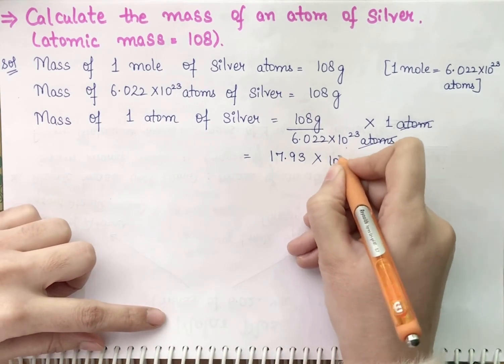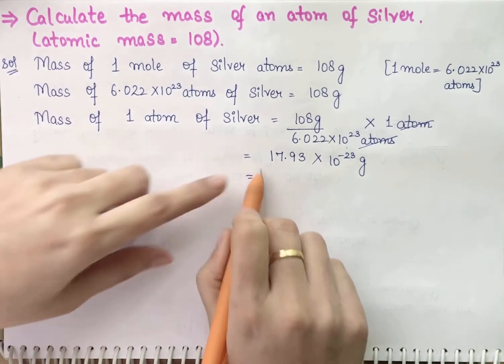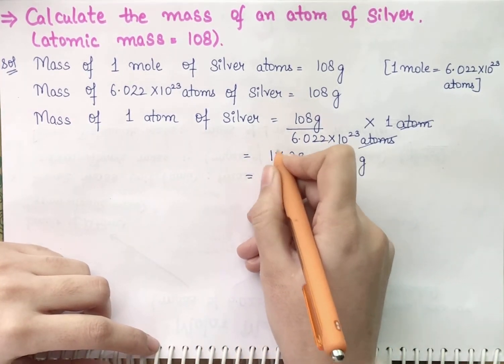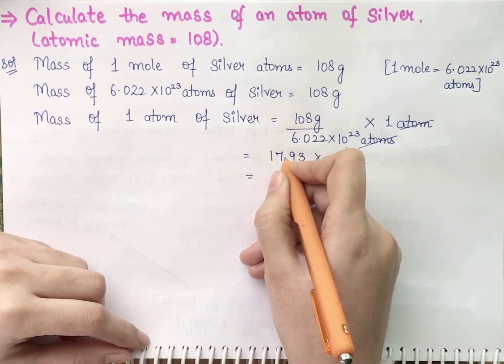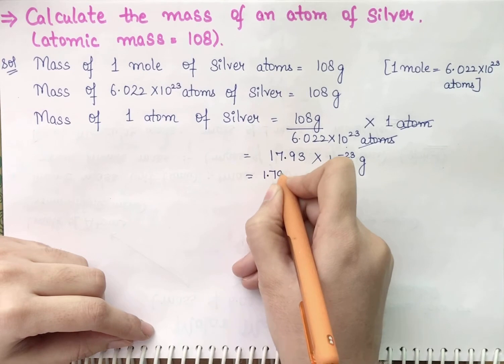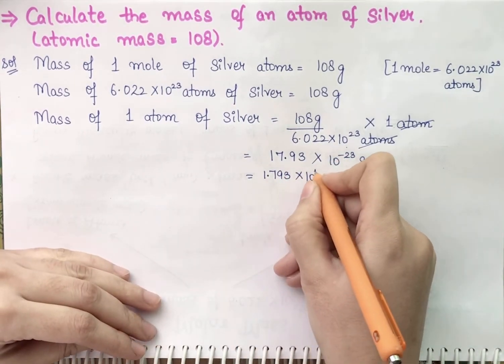So 10 raised to power minus 23 gram, right? Now I'll simply simplify this value. Can I shift this decimal from this place to this place? If I'm moving any decimal from right side to left side, I'll have power in plus, so 10 raised to power 1.